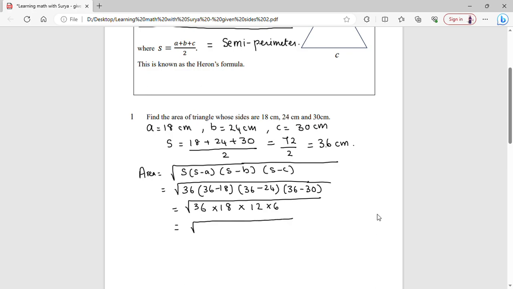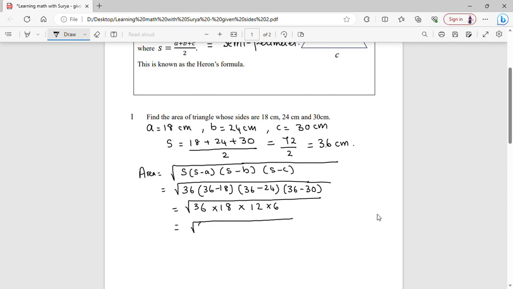So now if you look at 36, 36 is 6 times 6, 18 is 6 times 3, and 12 is 6 times 2, and this 6 is multiplied by 6, right? So let me group in twos. So I have 6 times 6. This is good because I can just say square root of 36 is 6. Then 6 times 6, this and this.